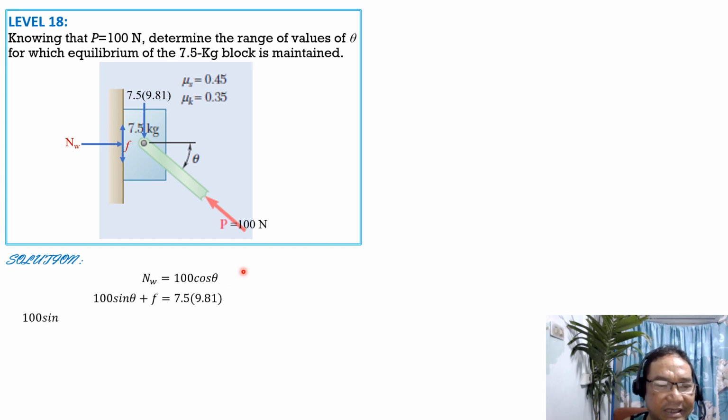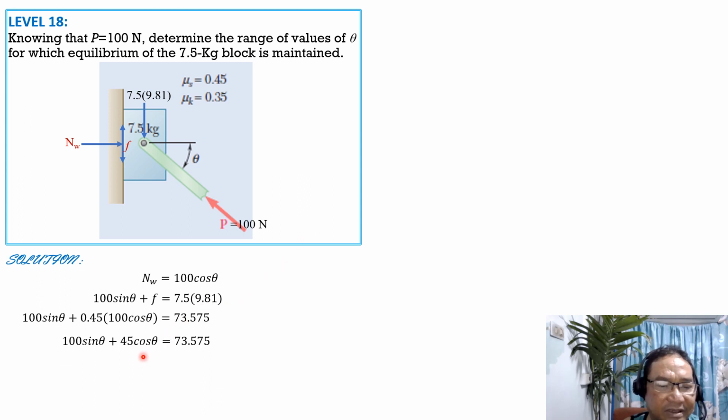So 100 sine theta plus 0.45 of quantity 100 cosine theta equals 73.575, 7.5 times 9.81. So simplifying, 100 sine theta plus 45 cosine theta equals 73.575.